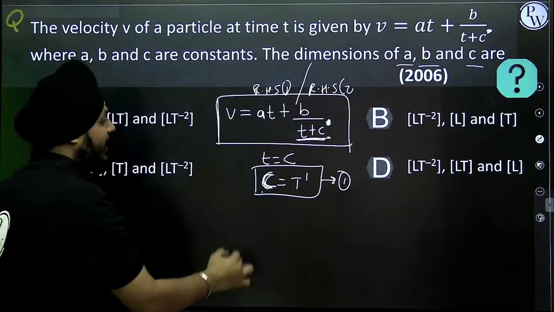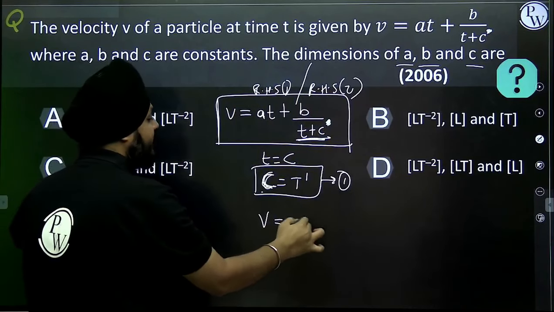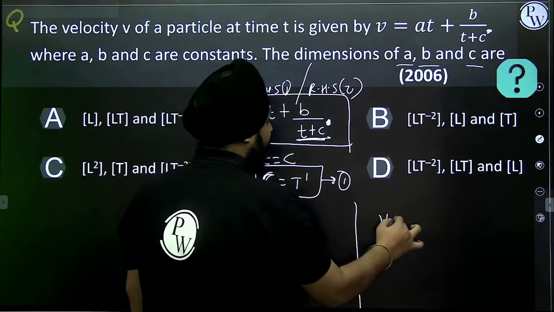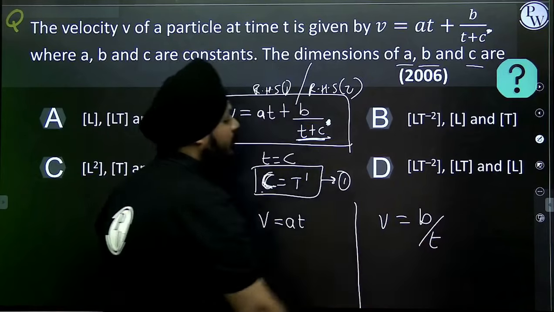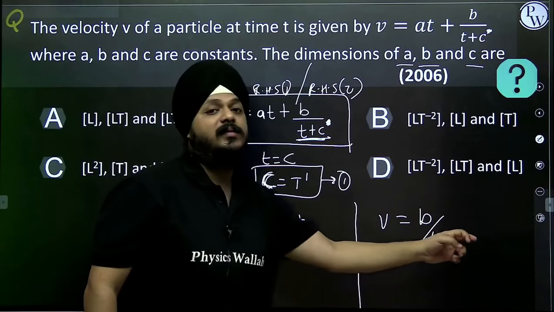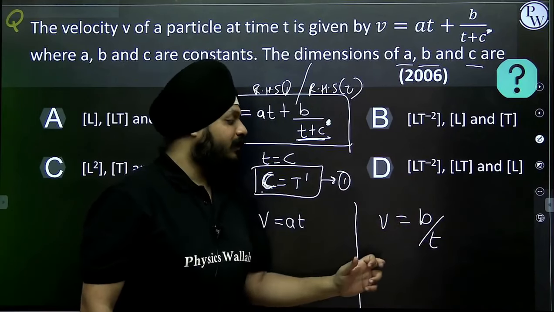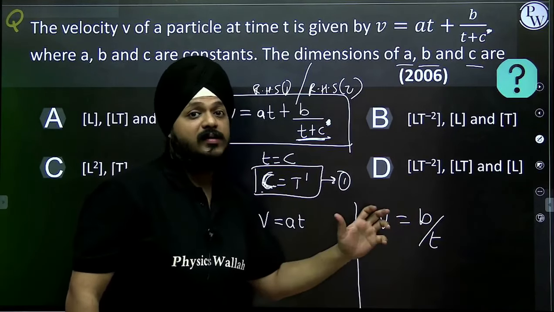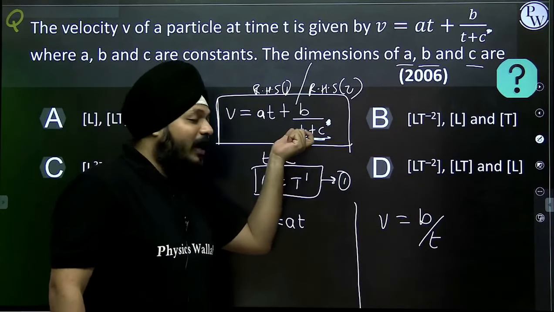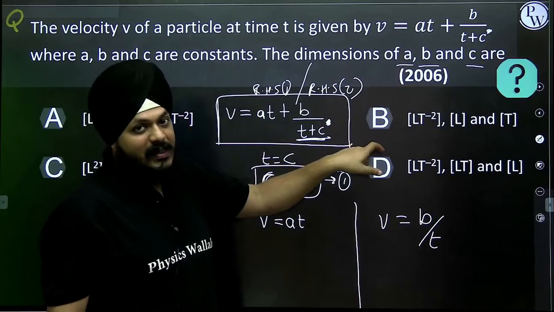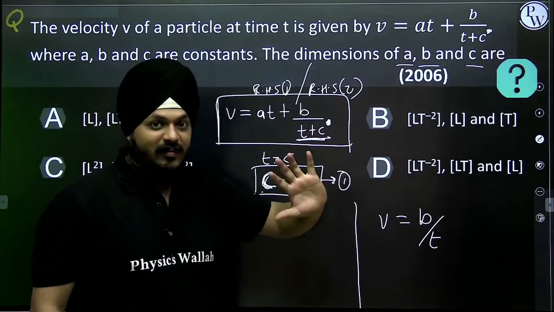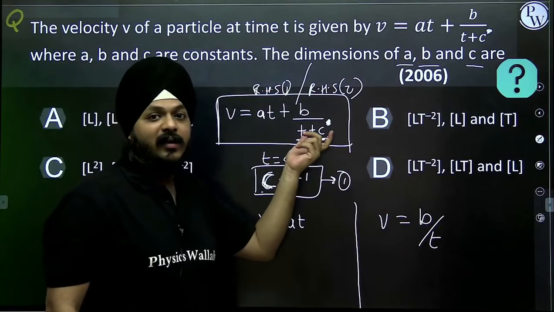So dimensionally, we can write LHS equals RHS of 1, and similarly LHS is equivalent to RHS of the other. Why didn't I write the C here? Because we are dealing with the dimensions of the physical quantities. Whether I write T or C, the resultant of T and C will be the same, because they are added.